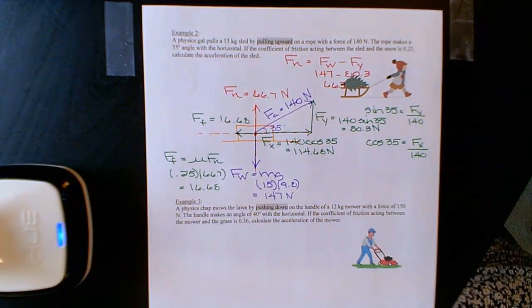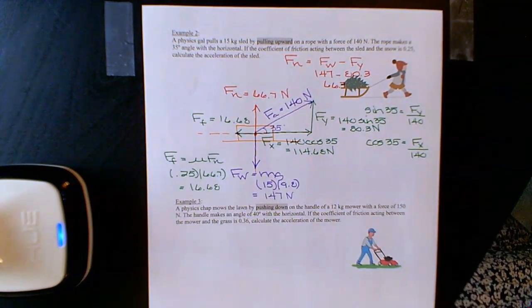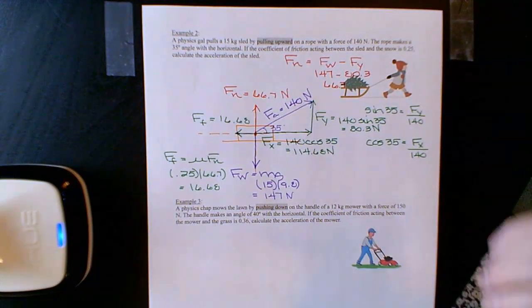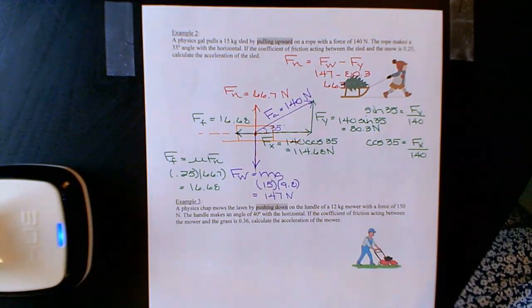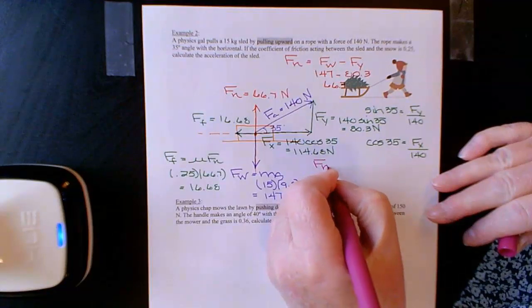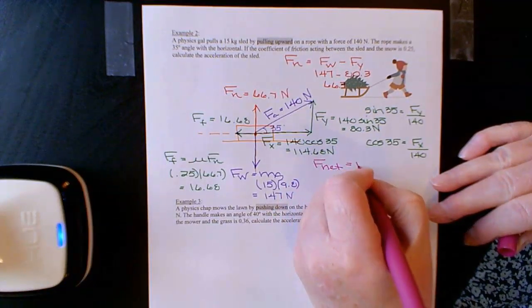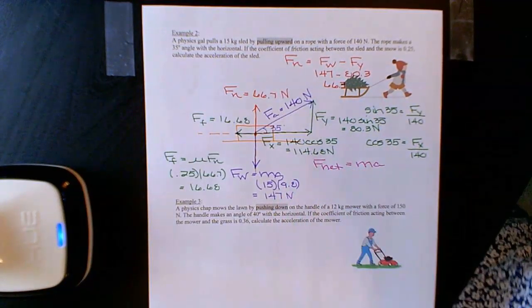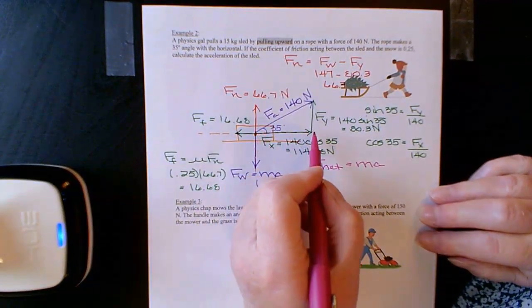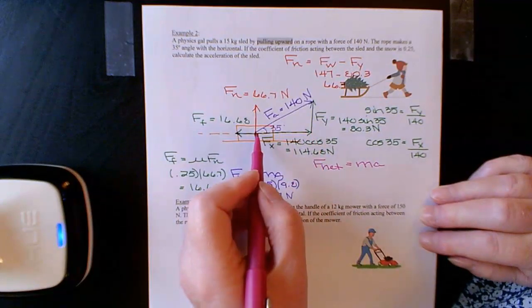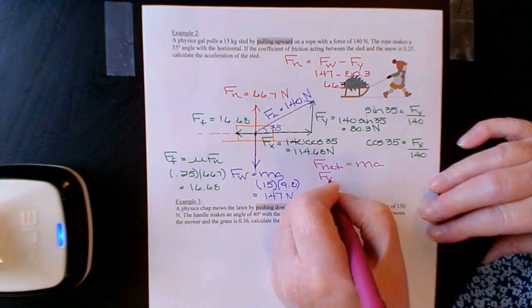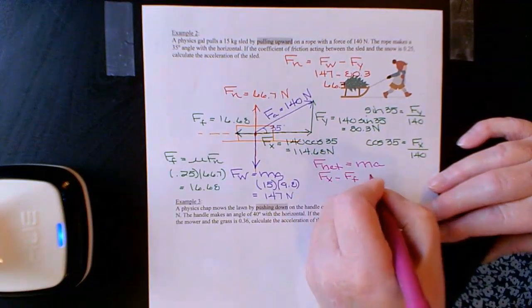All right, so we have everything in our free body diagram. So now we can calculate the acceleration of the sled. And we can do that by looking at the net force that's happening, because that causes the acceleration. So we have a net force of 114 in the x direction, and working against me is 16.68. So I'm going to take the x direction minus the friction.